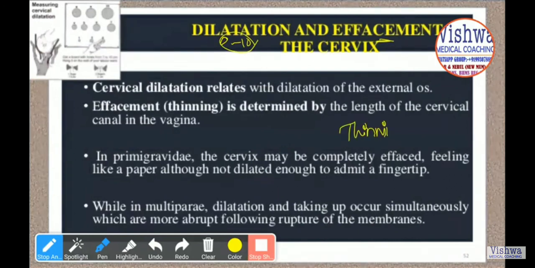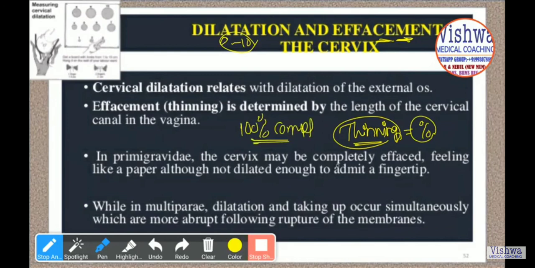Remember, in the diagram we have understood that the cervix starts getting taken up. That is the thinning of the cervix, and it is mentioned in terms of percentage. 0% is not effaced, 100% is almost completely effaced. So dilatation is measured in centimeters and effacement is measured in percentage. It is easy.